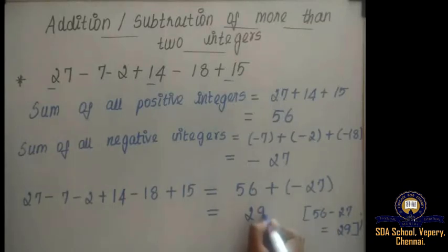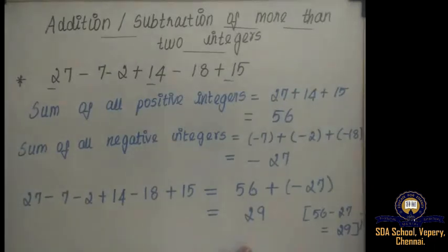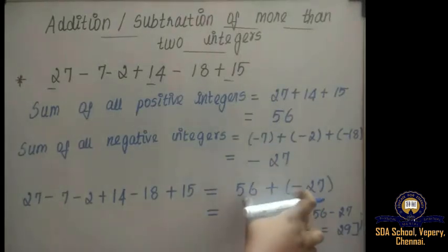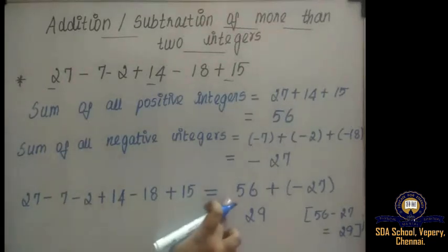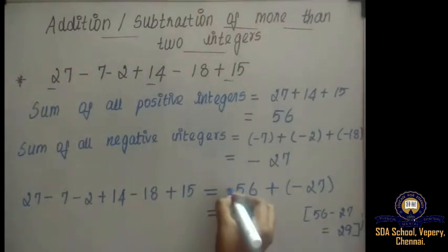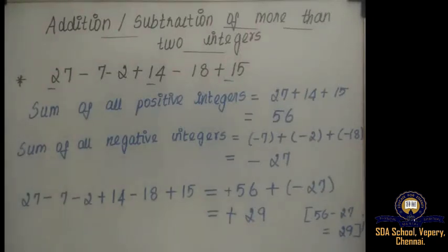So it is 29 and you have to put the sign of the number which has the greater absolute value. So which number will have the greater absolute value, 56 or 27? Yes, 56, right? So what is the sign of 56? It is plus. So it is plus 29.